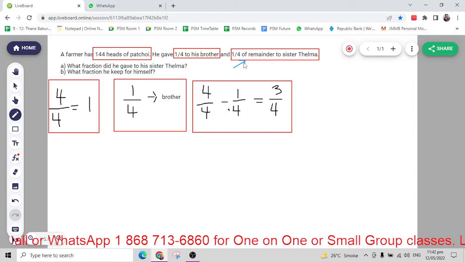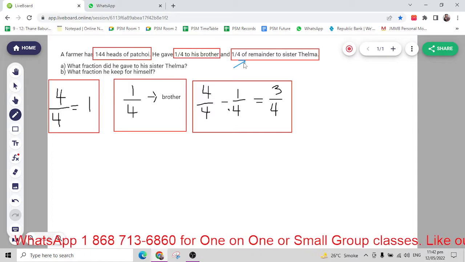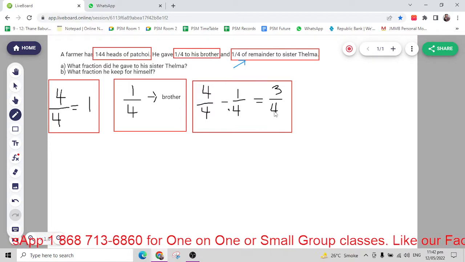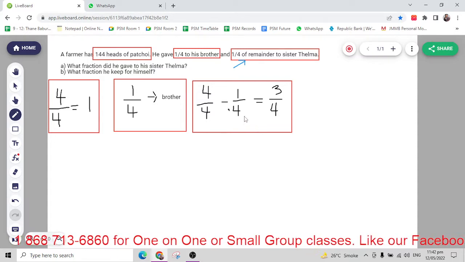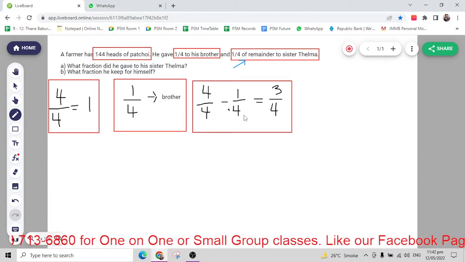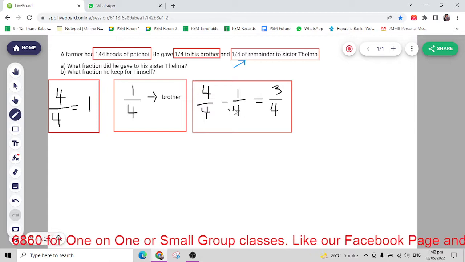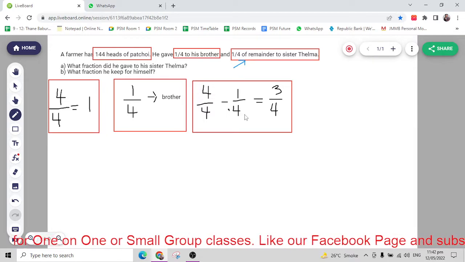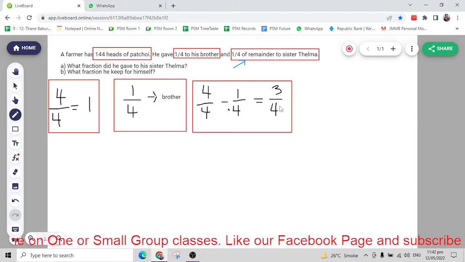A quarter of what remainder? A quarter of what remained after he gave some to his brother. So after he gave some to his brother, the farmer remains with 3/4.